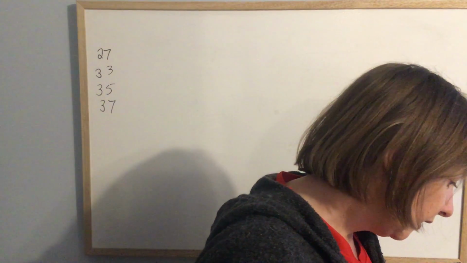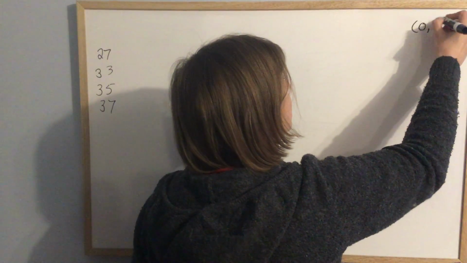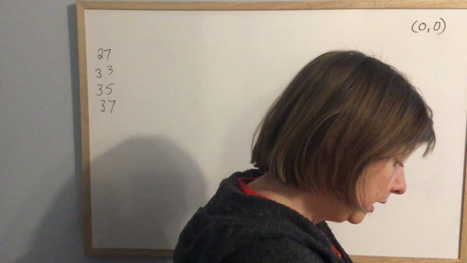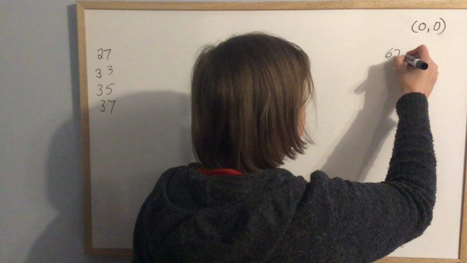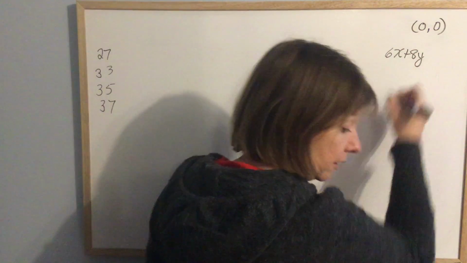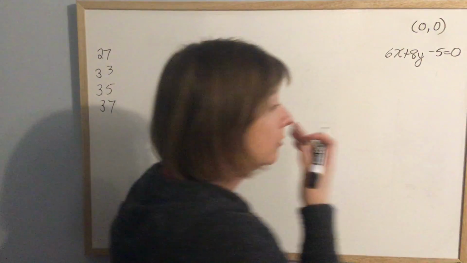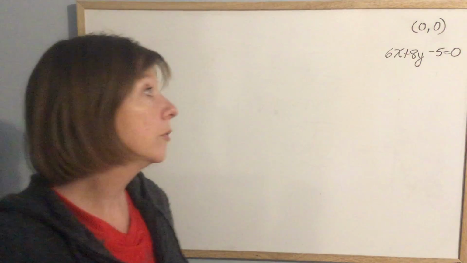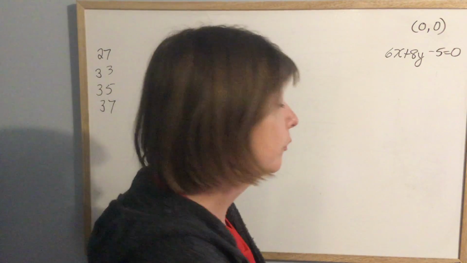Question 27 says find the shortest distance again from the origin, so (0, 0), to 6x plus 8y minus 5 equals 0. The first thing I would do is rearrange that equation to be in y equals mx plus b form.